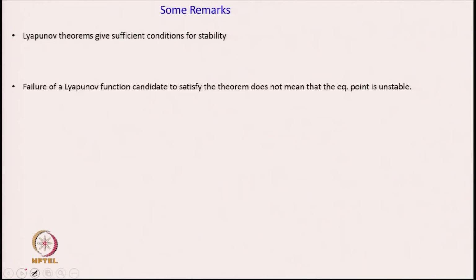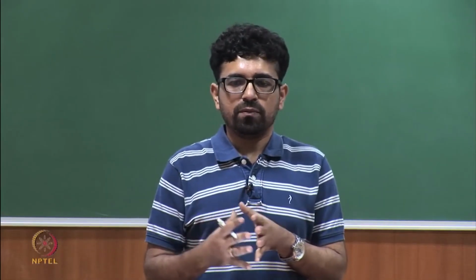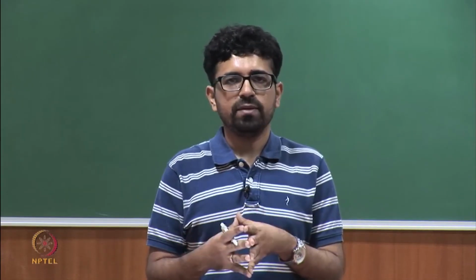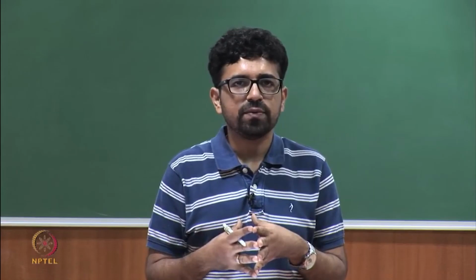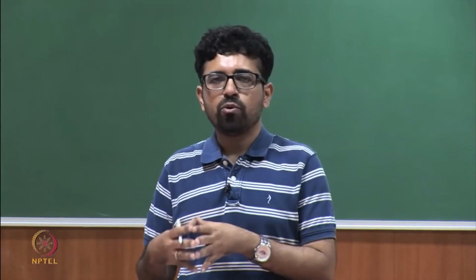The first one is that these are sufficient conditions for stability. They are not necessary, they are only sufficient, which means that failure of a Lyapunov function to satisfy the theorem does not mean that the equilibrium point is unstable. So, if you choose a Lyapunov function candidate, that is, you could find a function v of t comma x which is positive definite and its time derivative is at least negative semi definite, then we could say that the equilibrium point is stable.